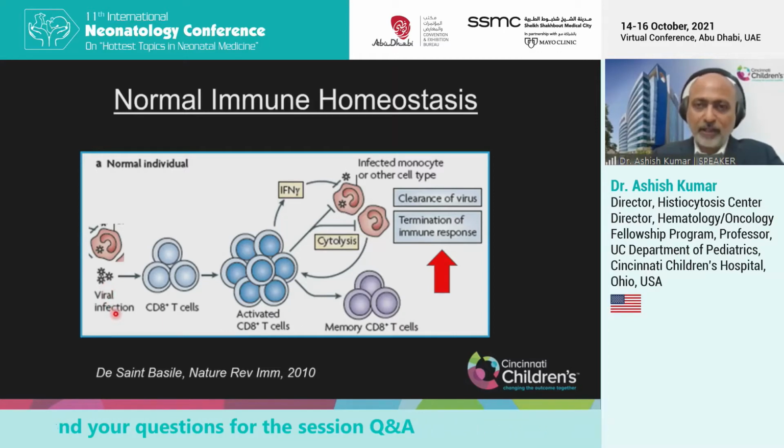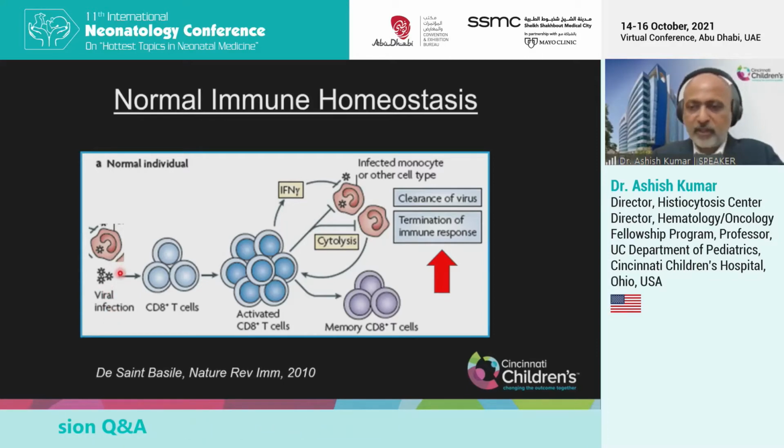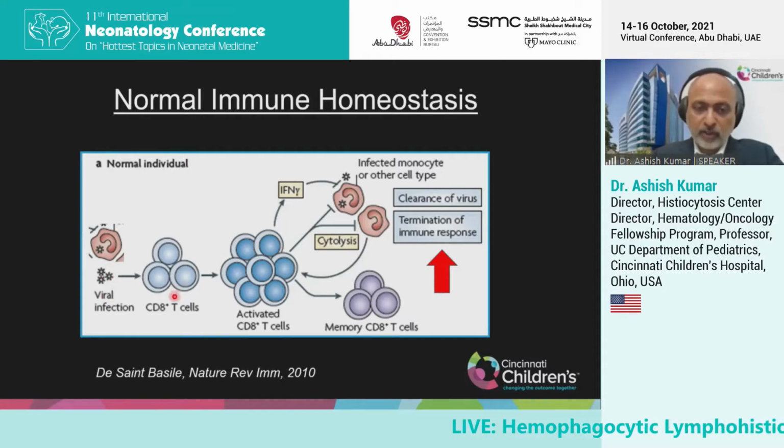abnormal activity in our body, such as a viral infection, the antigen or the first cells that encounter it, neutrophils or macrophages or any other type of cell, they present this antigen to cytotoxic lymphocytes, shown here as CD8 T cells as an example.